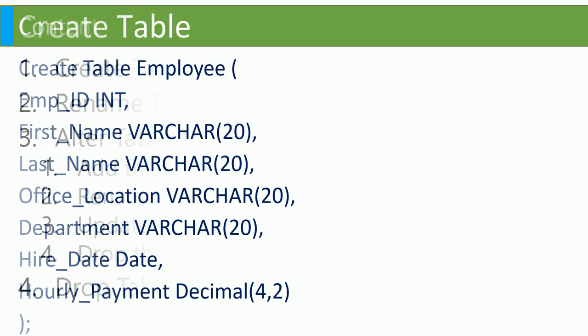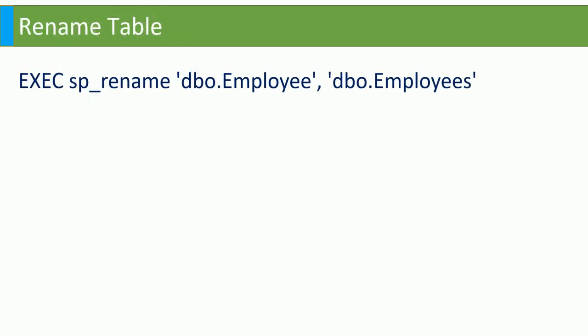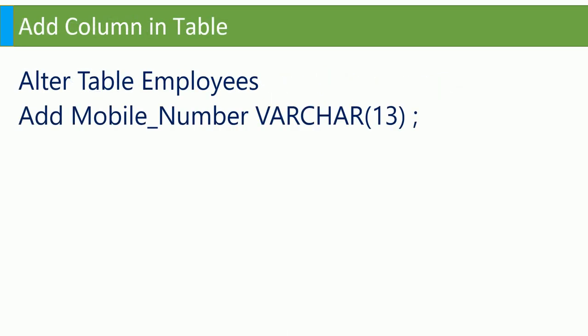So now I'll quickly write some examples of how you can create the table. This is the format: create table employees, employee ID, first name, and you can put the details. And here is a command to rename the table. Then this is ALTER employees, how you can add one more column into the existing table.